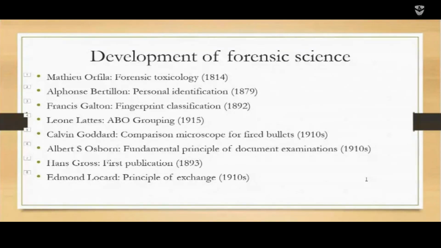As I was saying, forensic science is all about individualizing and proving a crime in court, with the help of evidence and evidence analysis. So personal identification using body measurements was crucial back in 1879, because there was no DNA, there was no serology, there was nothing like that. So he used body measurements to individualize people.